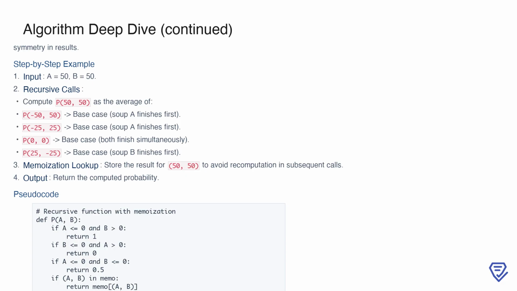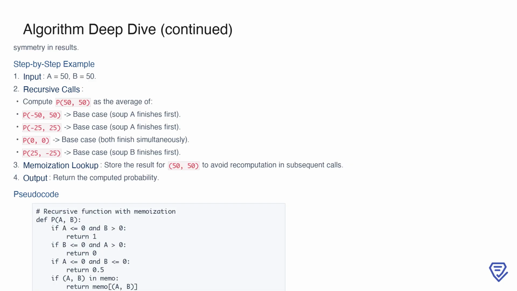Let's look at a step-by-step example to understand how the algorithm works. Suppose the initial amounts of soup A and soup B are both 50. To calculate P(50, 50), we compute the average probability of the following four recursive calls: P(-50, 50), which falls into the base case where A finishes first; P(-25, 25), another base case where A finishes first; P(0, 0), a base case where both soups finish simultaneously; and P(25, -25), a base case where B finishes first.